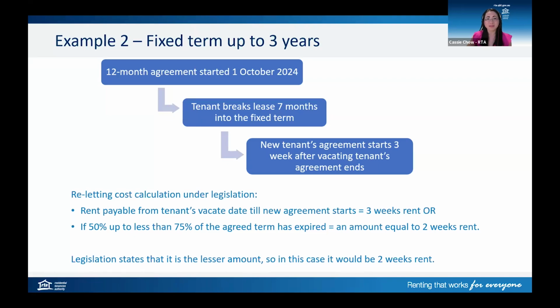In this example, the reletting cost is either 3 weeks' rent, as that would be the rent that's payable between the vacating tenant's agreement ending and the new tenant's agreement starting, or since 50% up to less than 75% of the agreed fixed term has expired, an amount equivalent to 2 weeks' rent. So in this case, the reletting cost would be 2 weeks' rent because it's the lower of the two possible amounts under legislation.